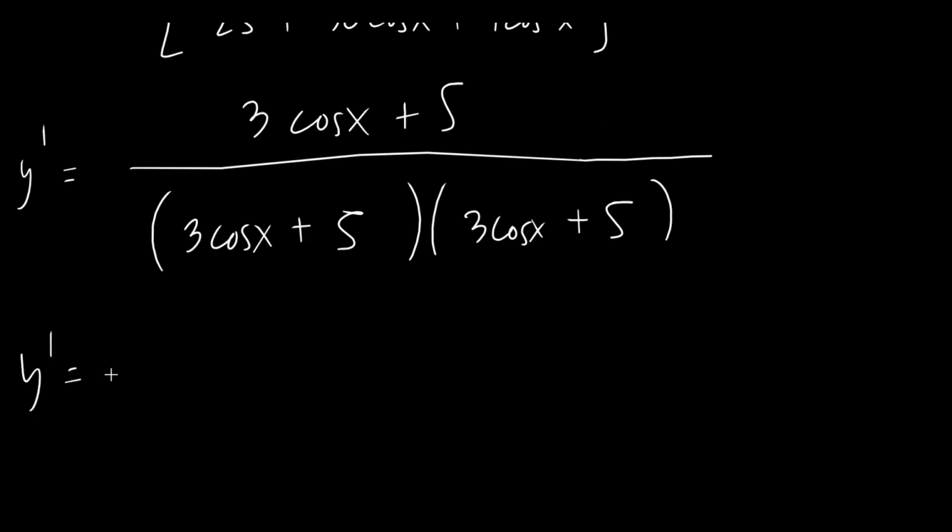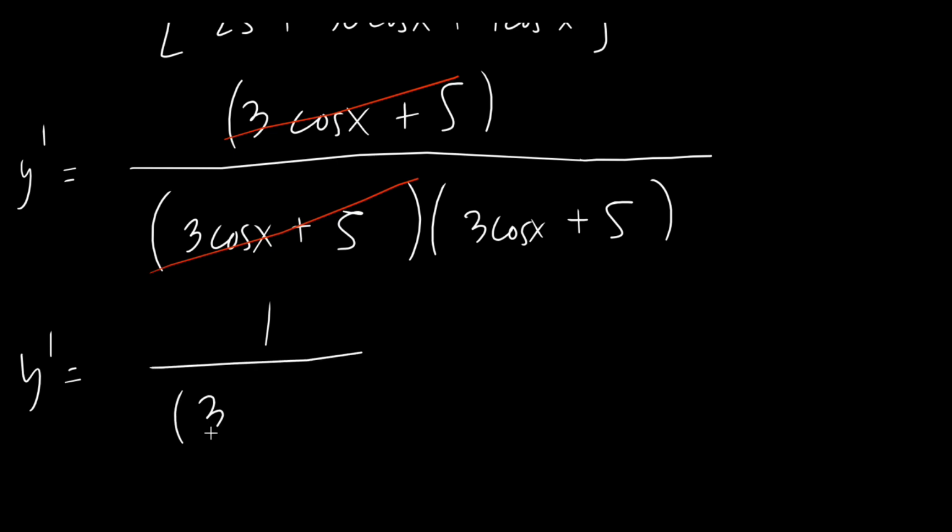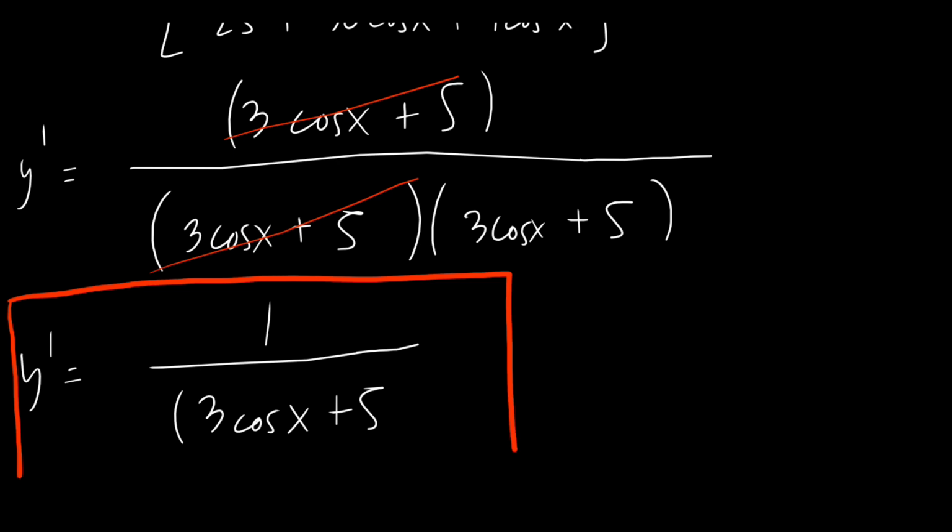So y prime is just equal to, so we'll cancel the numerator by its own factored form in the denominator. So the remaining will be 1 all over 3 cosine of x plus 5. So this is now our final answer.